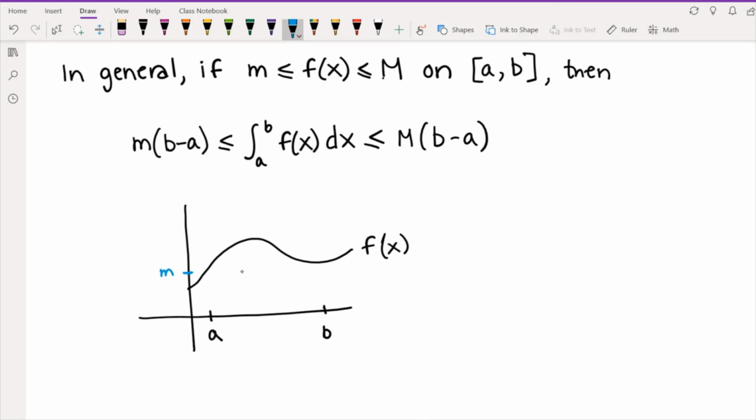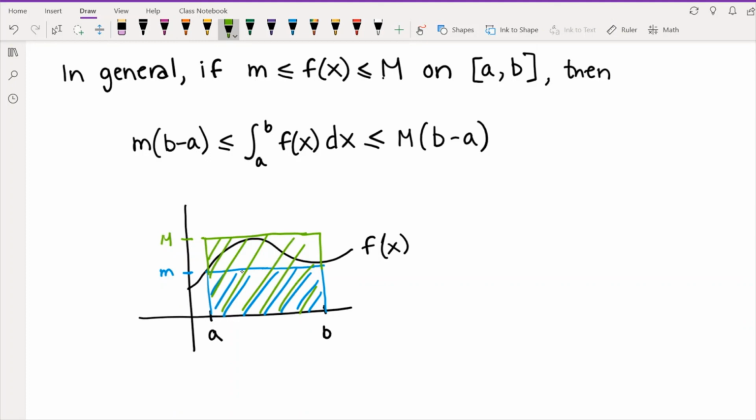And so this is saying that if you were to draw a rectangle with this area, the area of that rectangle would be b minus a times m, right? This is something we talked about in the beginning of the video. And then if you look at the upper bound, it looks like the highest value this function reaches is big M. If you were to take the rectangle that has that as its height and b minus a as its width, that will give you an upper bound for the value of the integral.